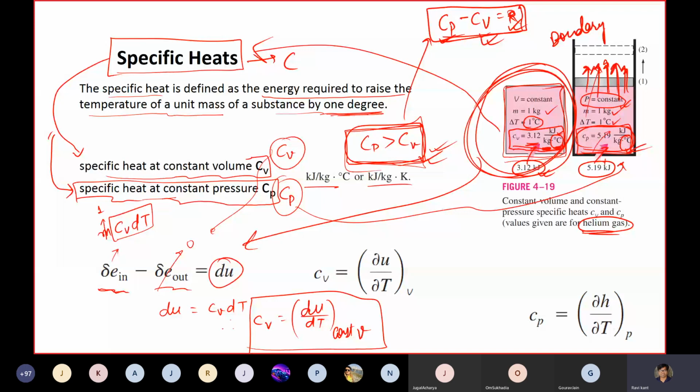The partial sign here means that you may have other dependence also, but right now we are considering only T dependence. Similarly, for Cp, we can again write delta E in minus delta E out is equal to dU again.